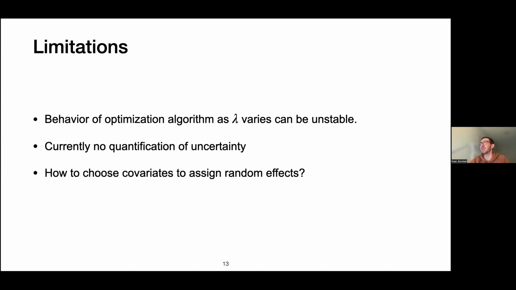We also don't have any sort of quantification of the uncertainty in the parameter estimates or in the selection of which variables are important. And the last one is that we don't have a way to choose which covariates to assign random effects, although typically you know which covariates are going to have different effects in the different batches from your data set.